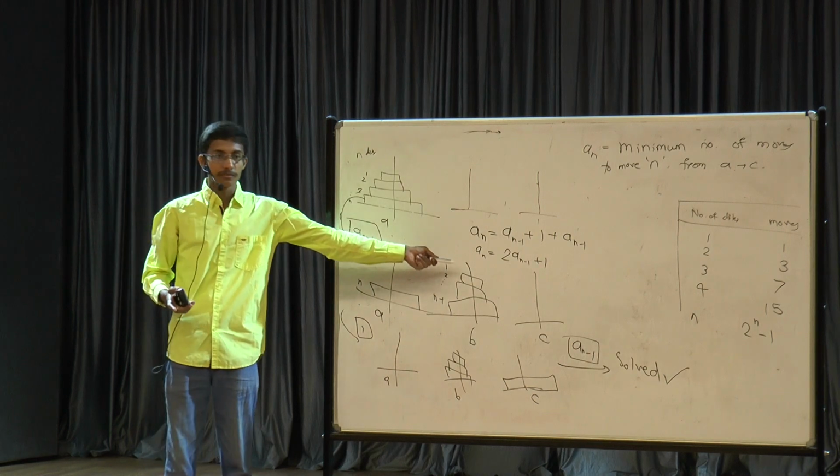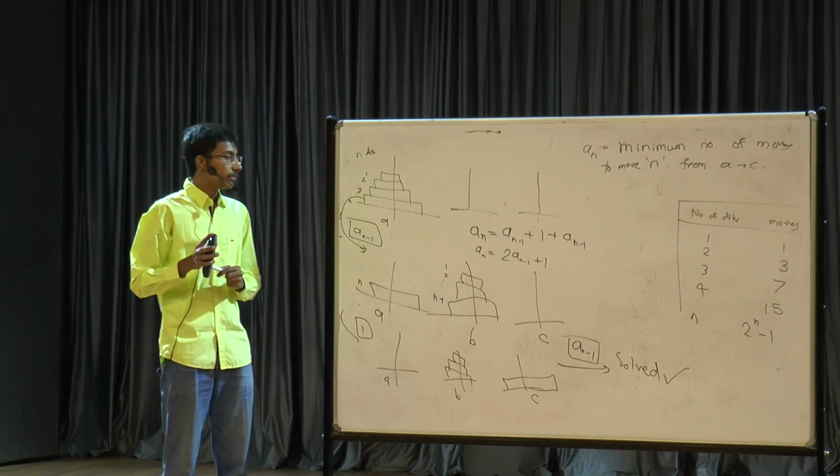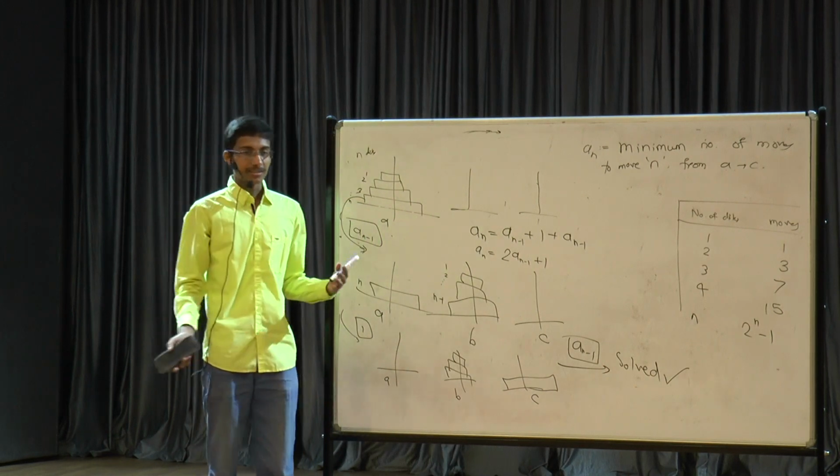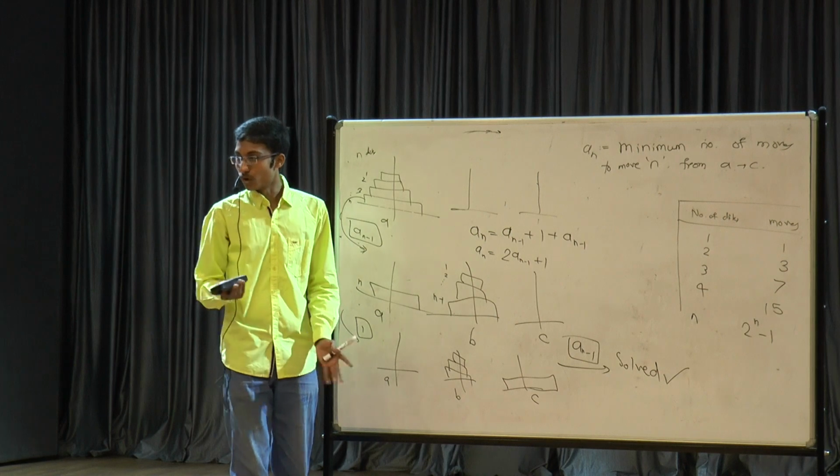Is everyone convinced with this recurrence relation? Now we'll calculate it and get the closed form. So after this we can discuss techniques of getting the closed form.